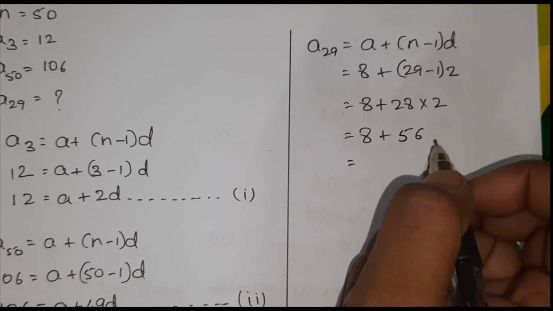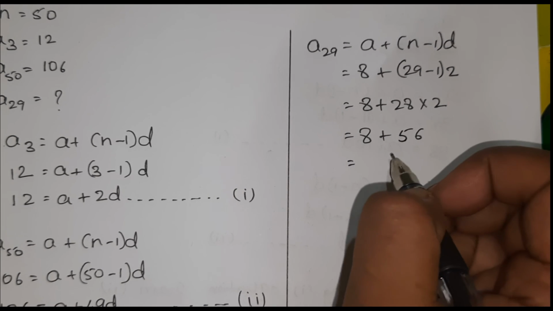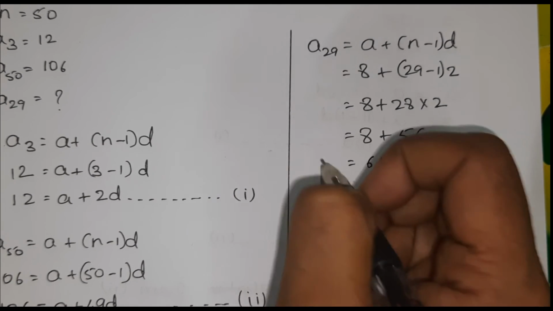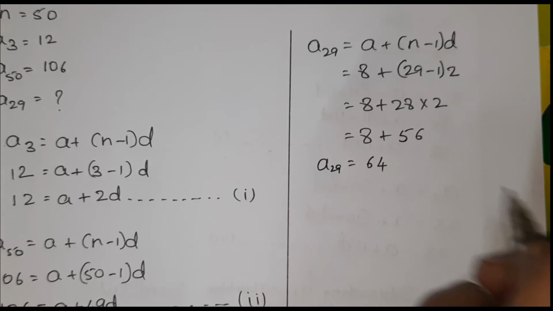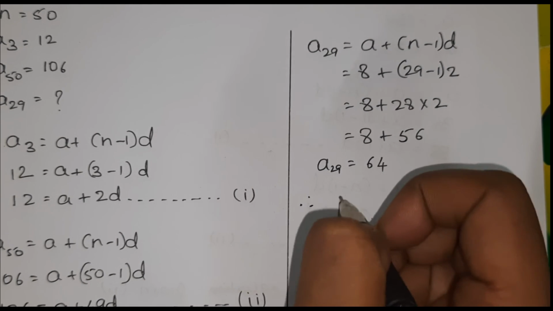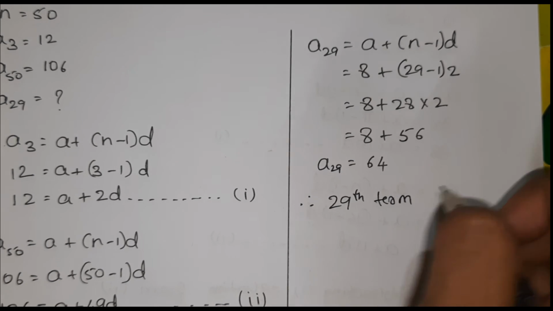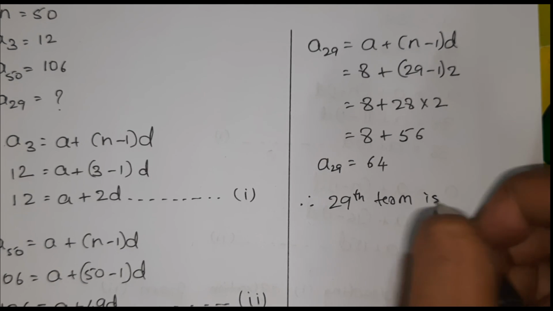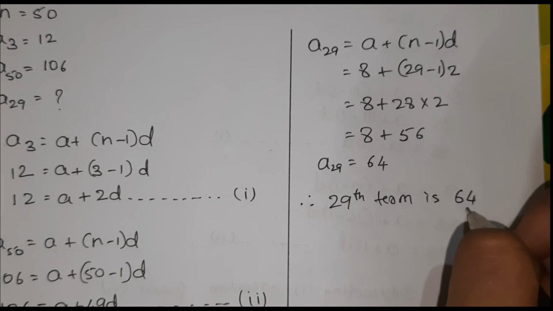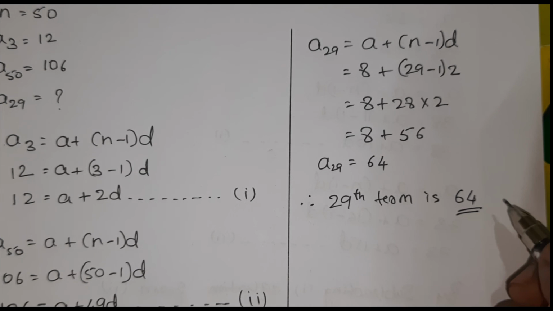By adding 8 to 56, we'll get 64 as our 29th term. Therefore, the 29th term is 64. We got our final answer as 64.